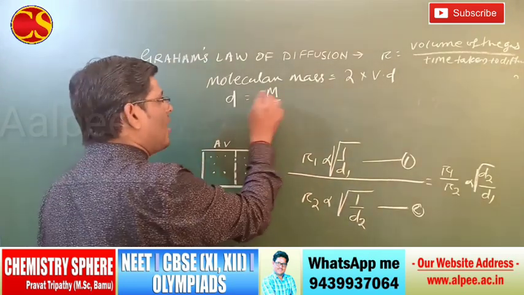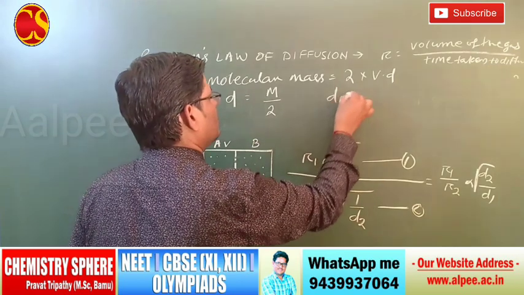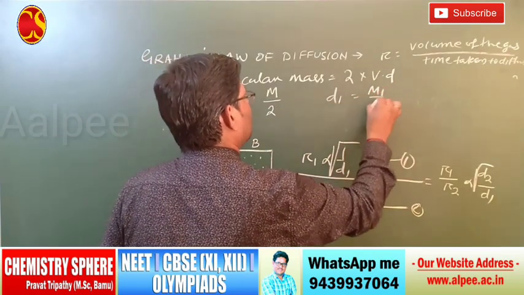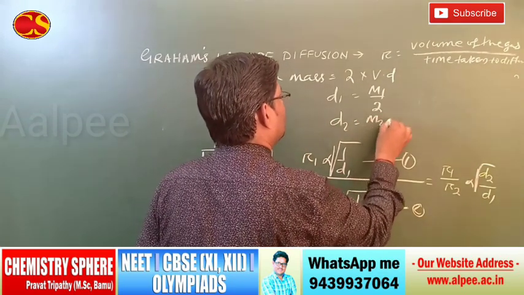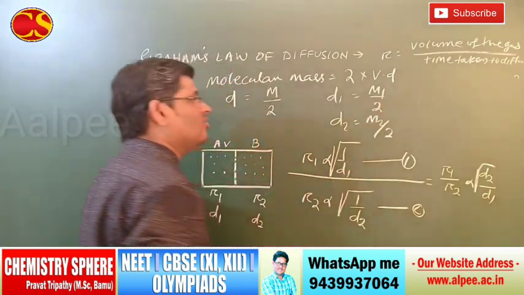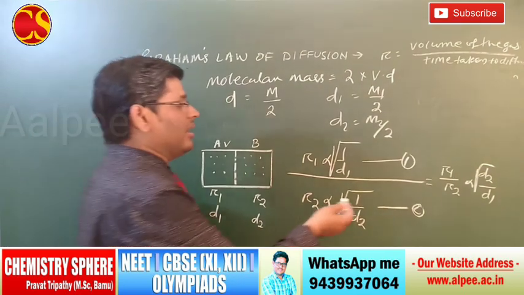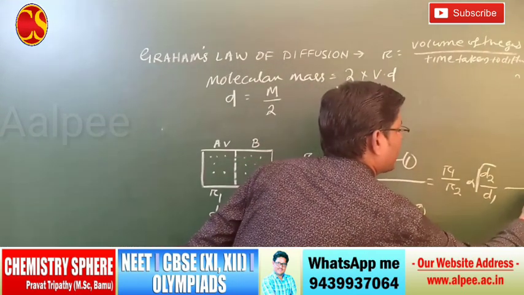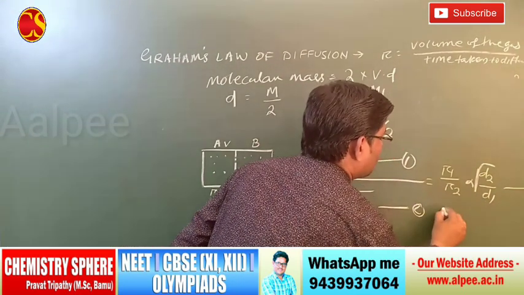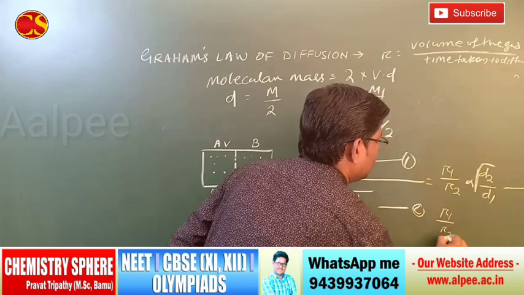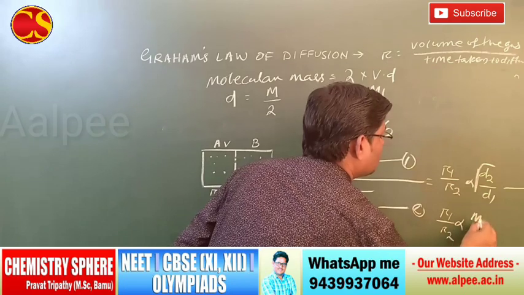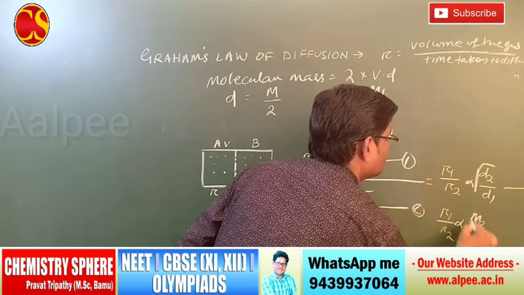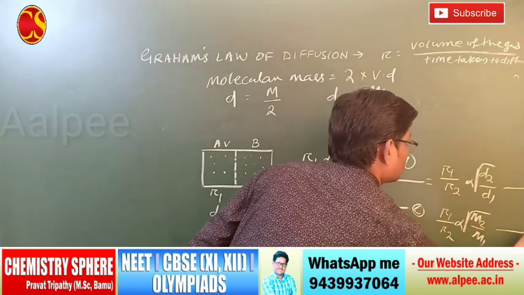If D1 is equal to M1 by 2 and D2 is equal to M2 by 2, then putting the values of D1 and D2 in equation 3, we get R1 by R2 equal to root of M2 by M1. This is your equation 4.